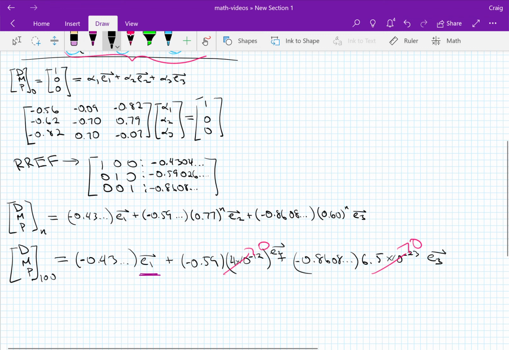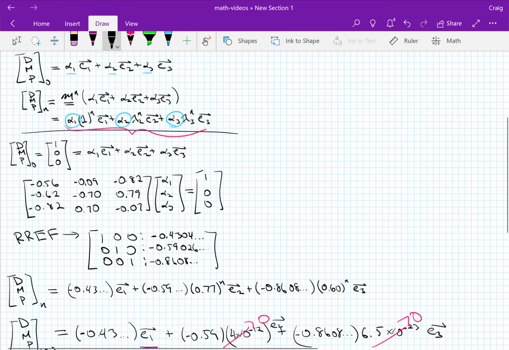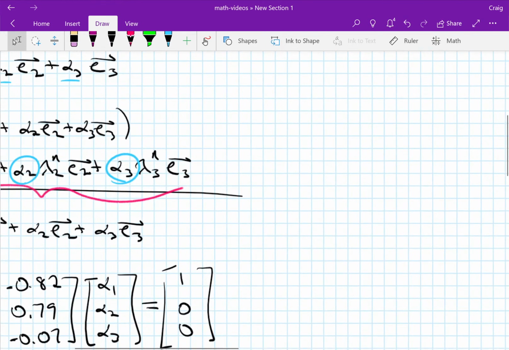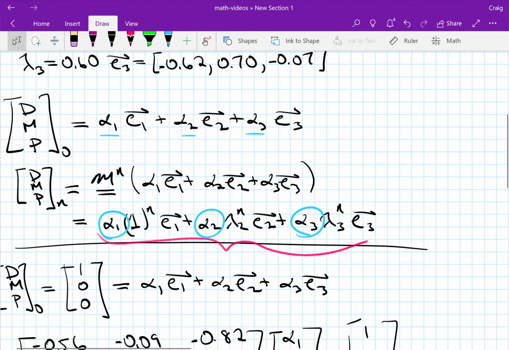So that is an example of where it is convenient to use the eigenvector and eigenvalue decomposition of the population, because the evolution, when you write it in terms of the eigenvectors and eigenvalues, is drop dead simple. You just take each eigenvector, and each eigenvector evolves just by getting another power of the eigenvalue attached to it.